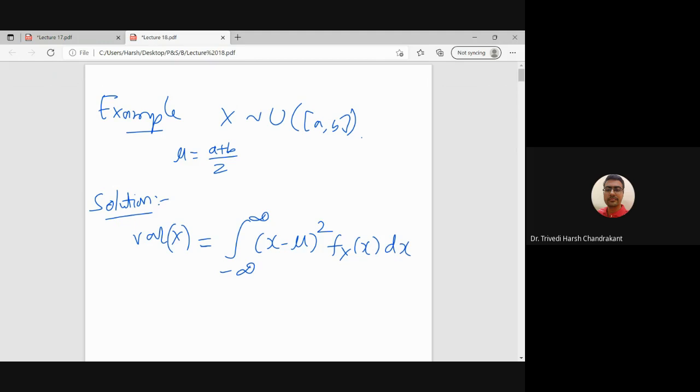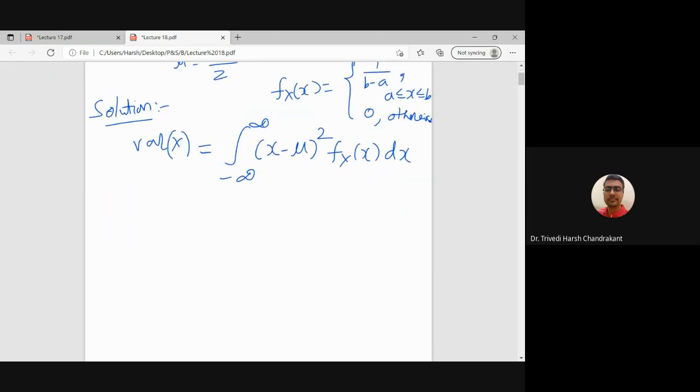And we know that for a uniform random variable, f of x is defined as 1 upon (b minus a) over the interval, and otherwise it is 0. So let us substitute all these values here.